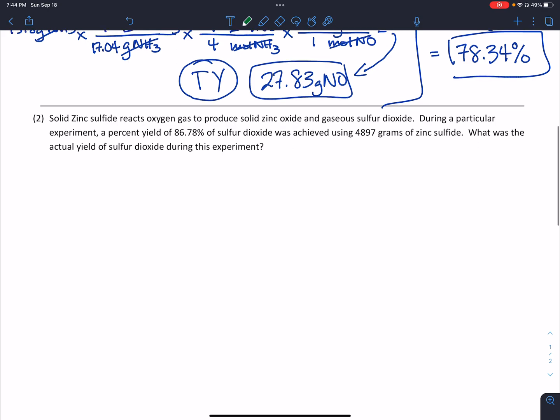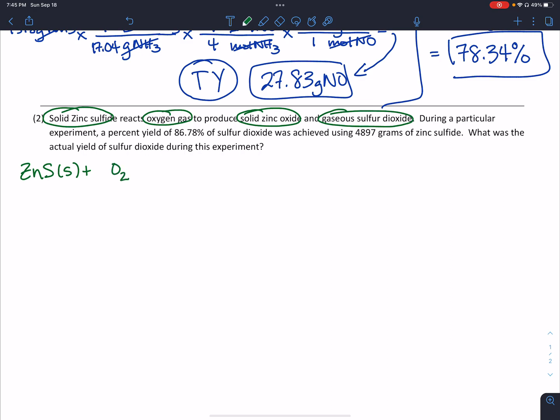Here, solid zinc sulfide reacts with oxygen gas to produce solid zinc oxide and gaseous sulfur dioxide. So let's start, before we read the rest of the problem, with our reaction, because we know we're going to need that. Zinc is +2, sulfide is -2, so our formula there will just be one of each, and it says solid, so I'm going to give it the solid designation.